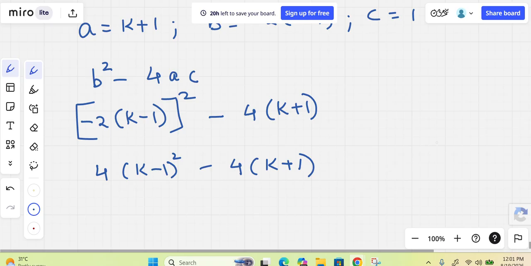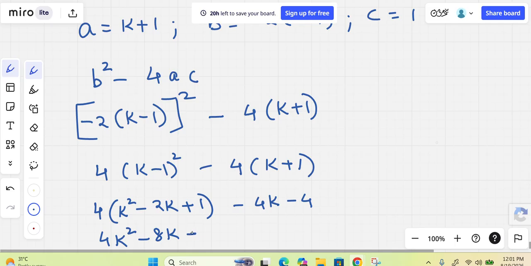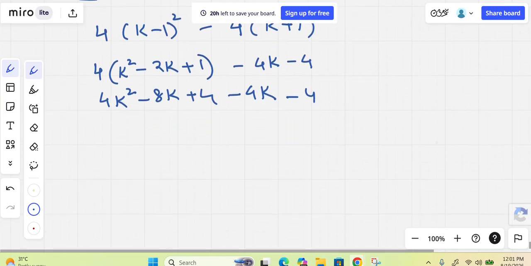Do it, kids. Find out the value of k. Did you get it?